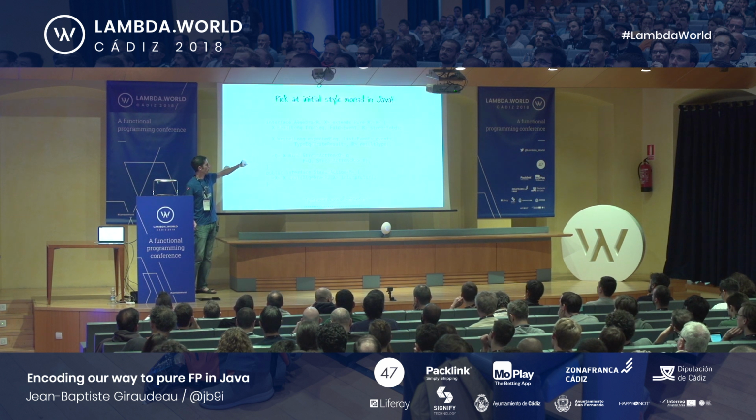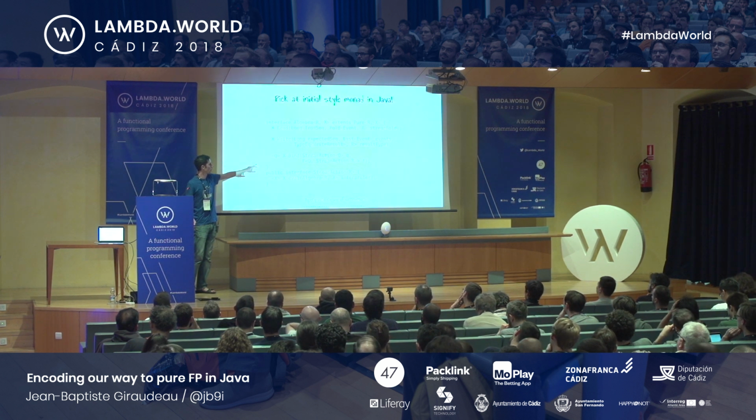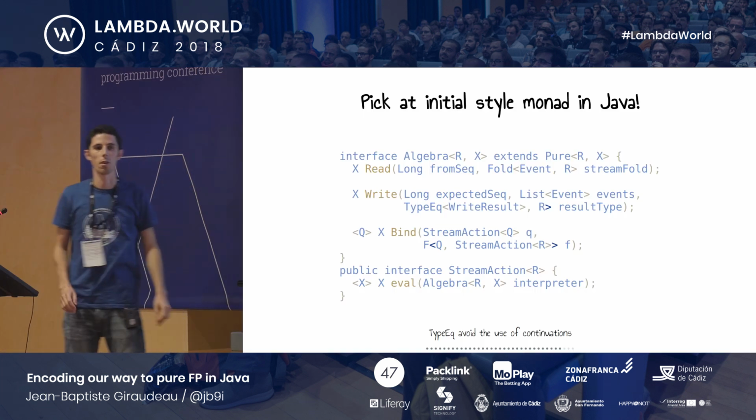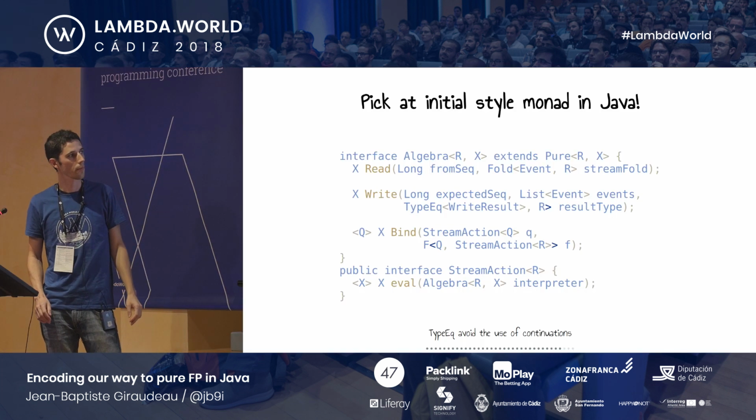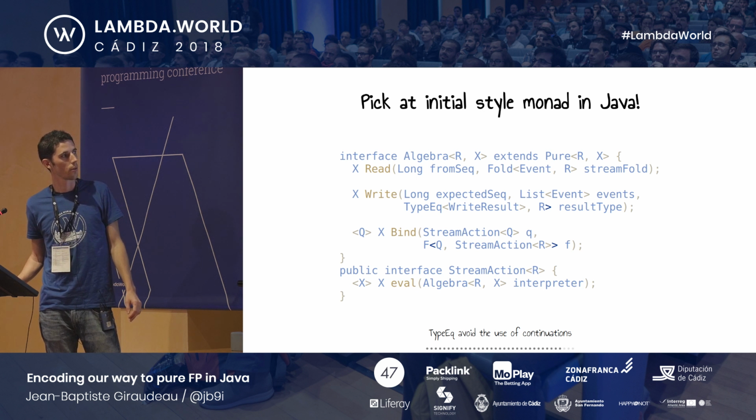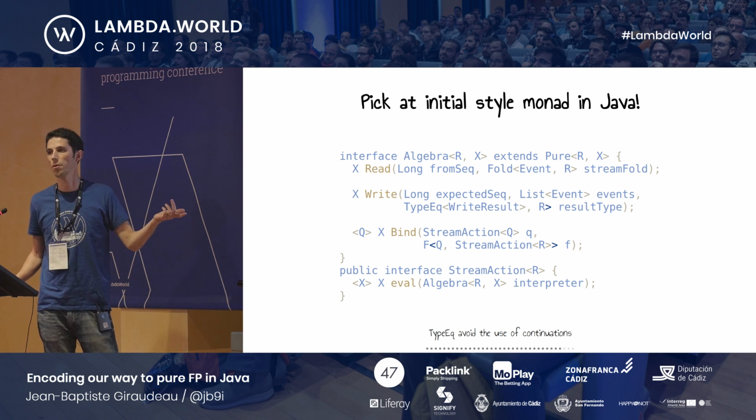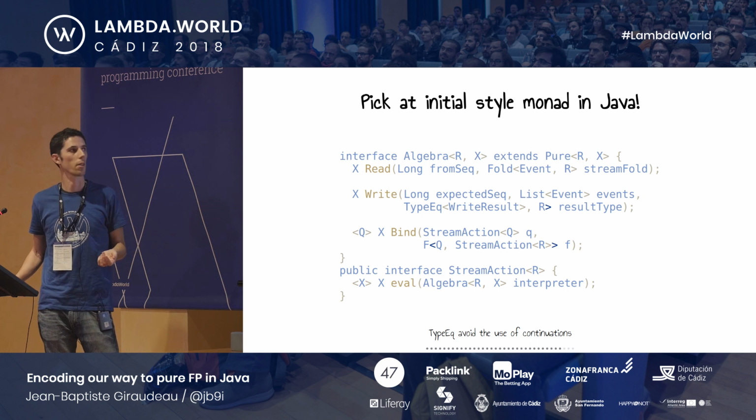Two operations that read from the event store and write to the event store, and this bind method that makes it a monad. So this is the initial style encoding of monads that we have seen this morning, in fact.